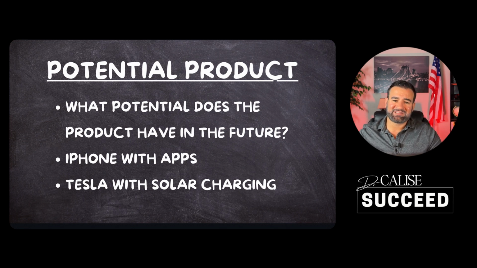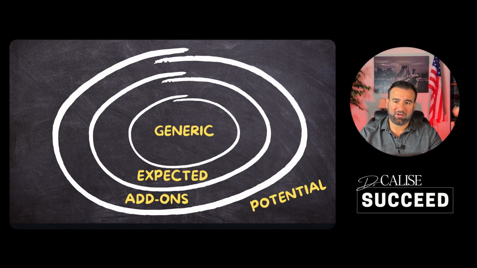That is a future potential. So where is your product going in the future? If you're just stagnant on today, it will eventually run its course. We constantly have to be thinking forward. What is the potential of that target audience moving forward? That is what we're talking about with the potential product.